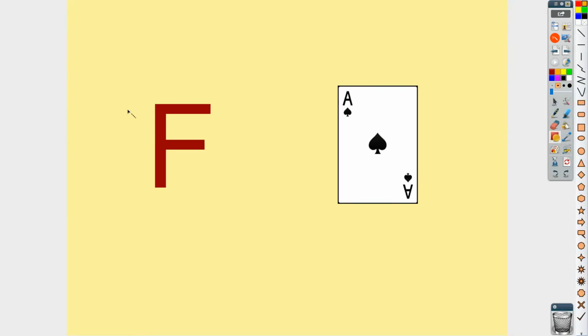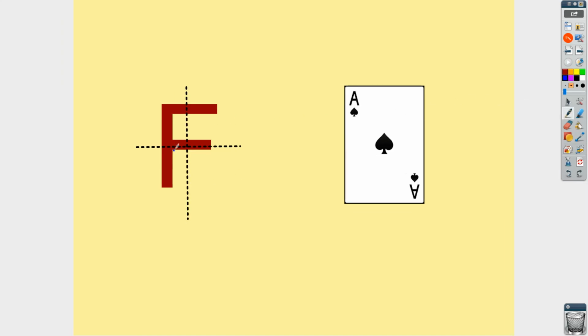Okay, if you look at this F, there is nowhere that I can place a line that splits this in half, okay, where the points are going to be perfectly reflected. See, there's something wrong here. This isn't going to match up. So we don't have any lines of symmetry on this F, and that is perfectly okay. That can happen in some of the questions, so keep an eye for it. 0 lines of symmetry here.